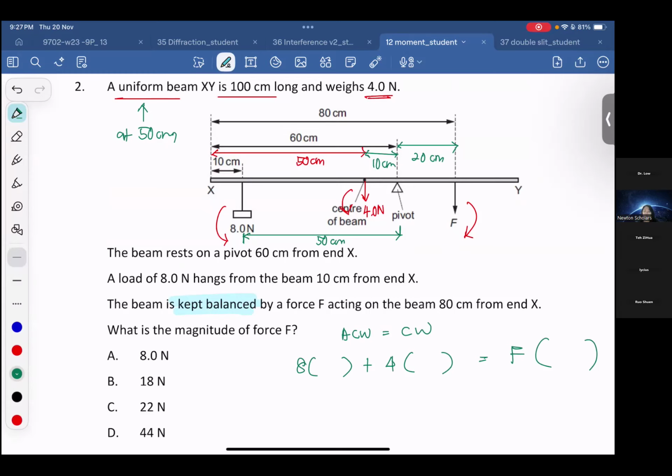So what you need to do is determine what is the distance here and what is the distance here. Always ask yourself, from the force until the pivot. So 8 Newton times what?